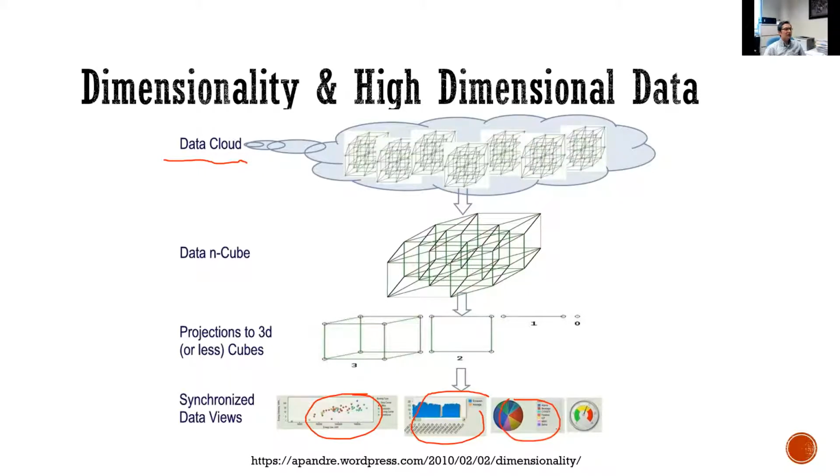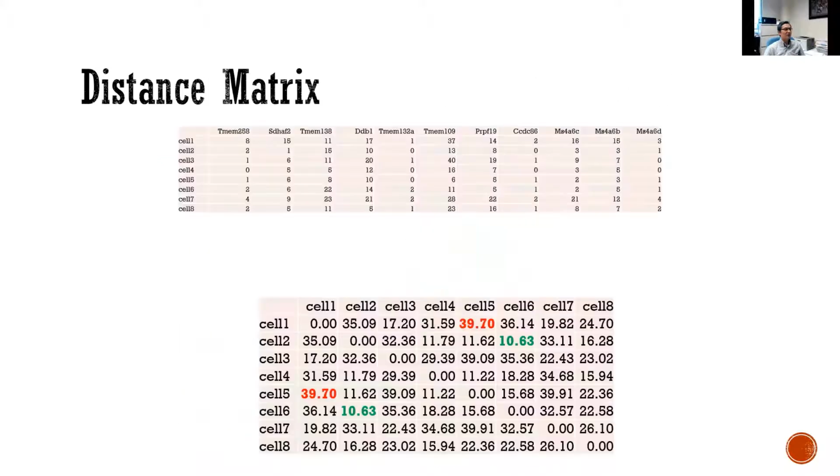Okay, so now I'm going to explain one of the ways that you can use to reduce the dimension. It's pretty easy, and you can consider constructing a distance matrix from your original data matrix.